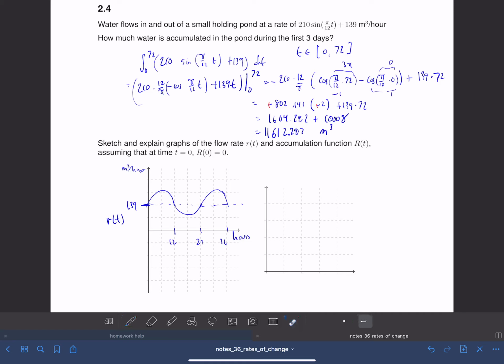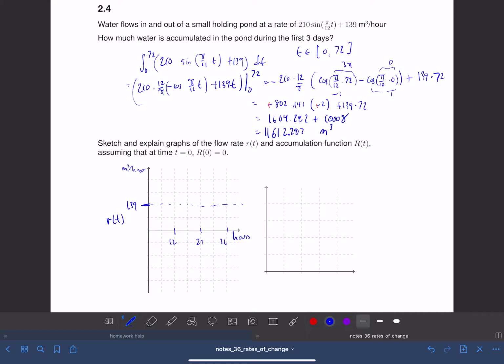So there's an average flow rate of 139, and sometimes it's flowing higher and sometimes lower. Except that I've drawn this incorrectly, because this distance here needs to be 210 and it's not the way I've drawn it. So let's try that one more time.